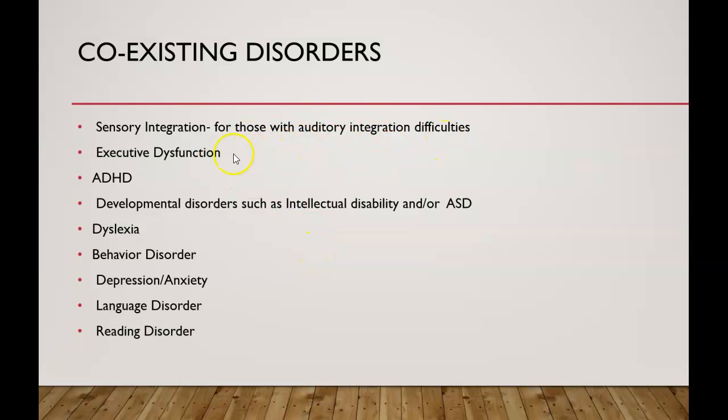Coexisting disorders. We have sensory integration. We know that a lot of kids on the autism spectrum have some sensory issues, and those children also experience some issues with processing. Individuals who have executive dysfunction, attention deficit hyperactive disorder, ADHD and ADD, I think they're one in the DSM now.